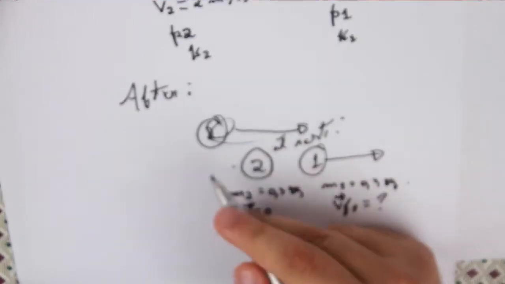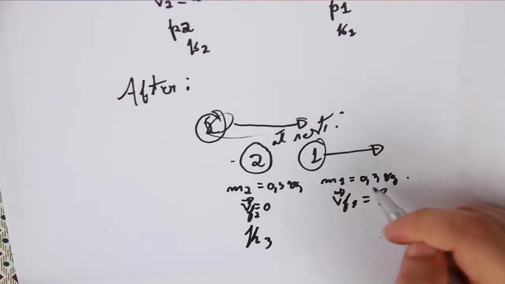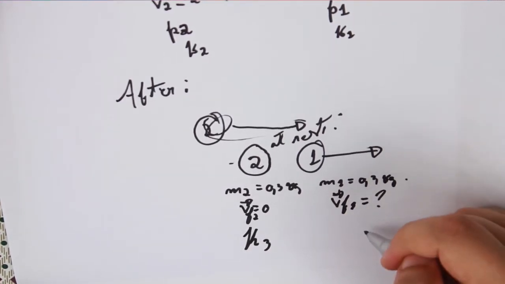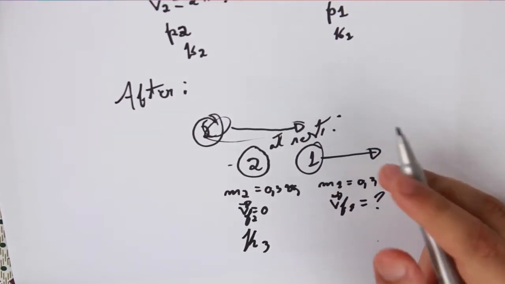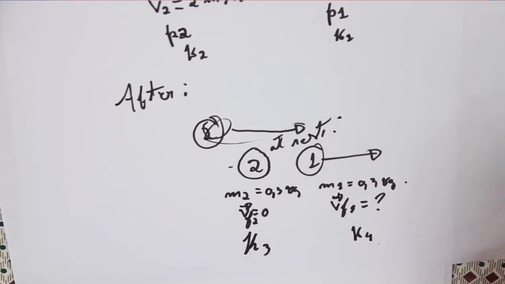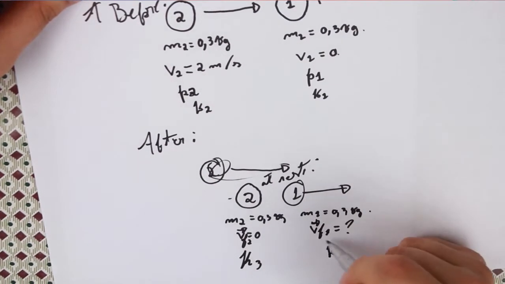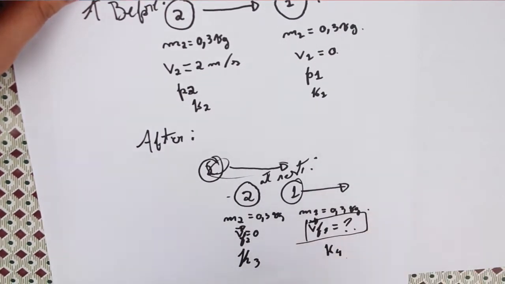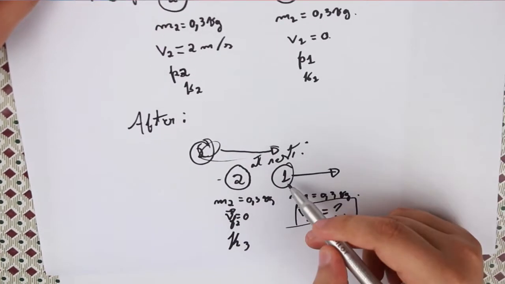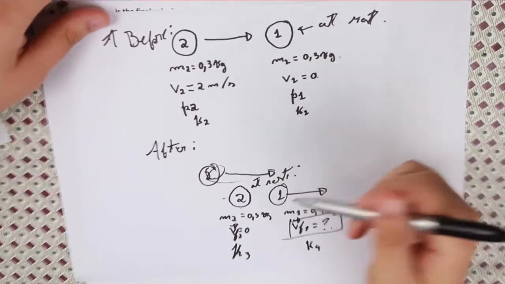So the kinetic energy after the collision of ball 2, let's consider K3, and the kinetic energy of ball 1 after the collision, K4. Now let's find the answer, the final velocity of ball 1 after the collision of ball 2 on it.